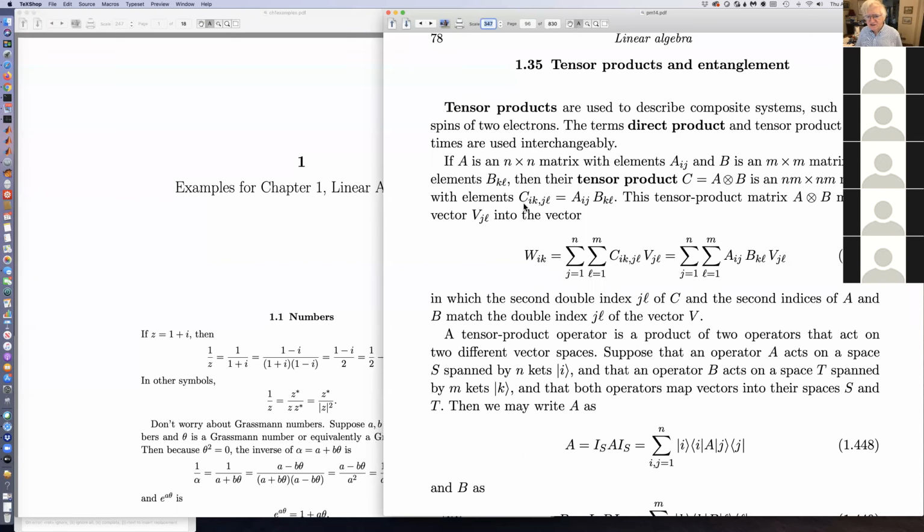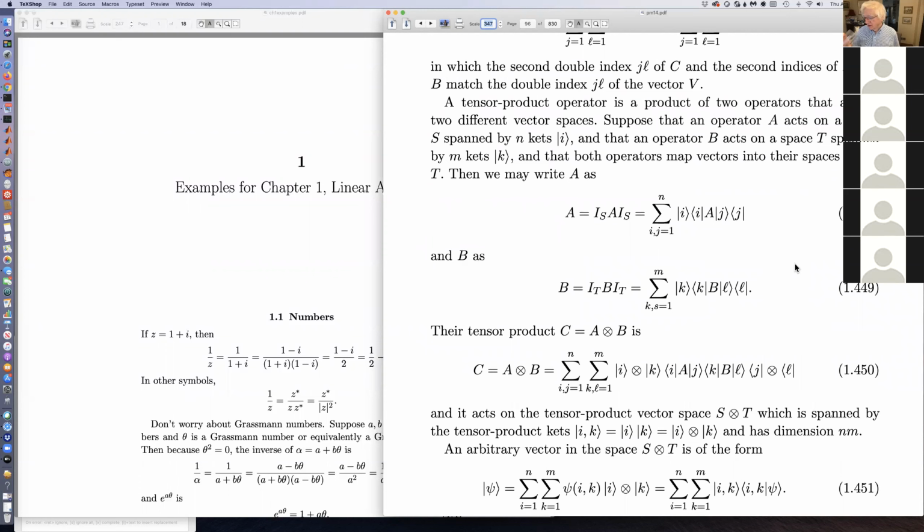The matrix is this funny double super matrix, and it's C_IKJL equals A_IJ B_KL, and so the super matrix W looks like this, and acting on any vector V_JL acts like this, and so you have A_IJ B_KL on V_JL. So it makes sense.